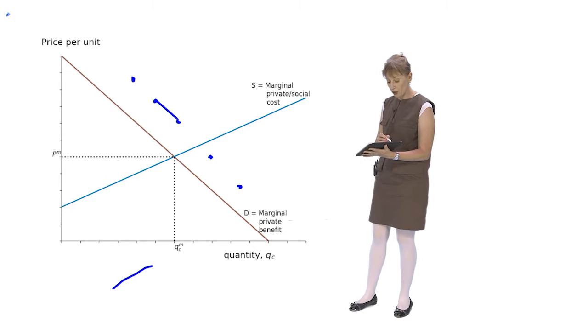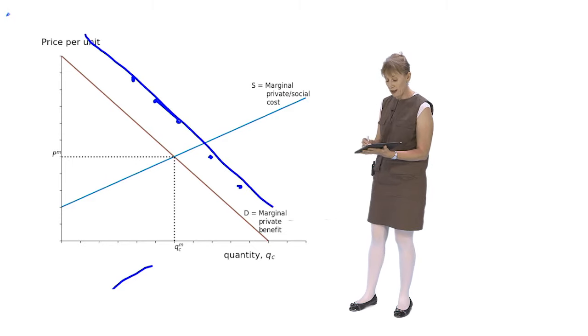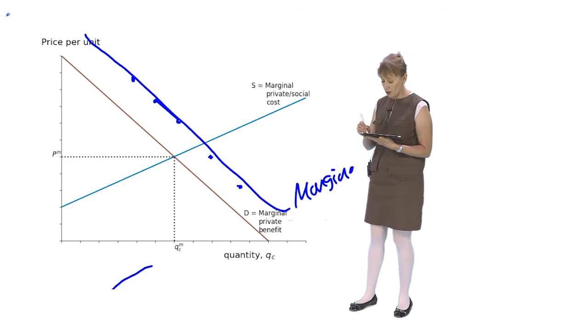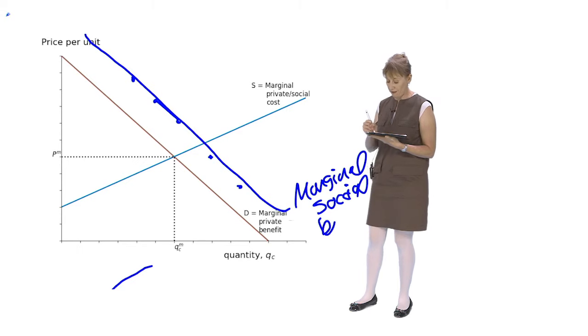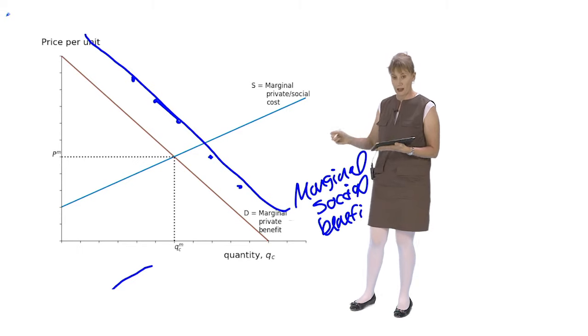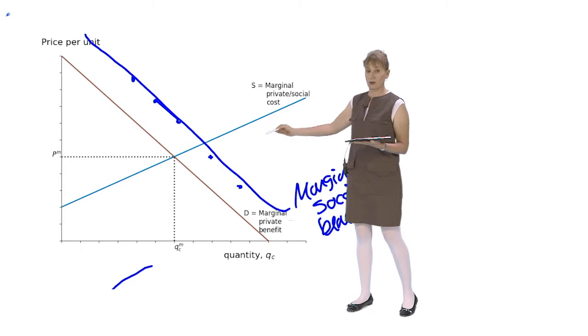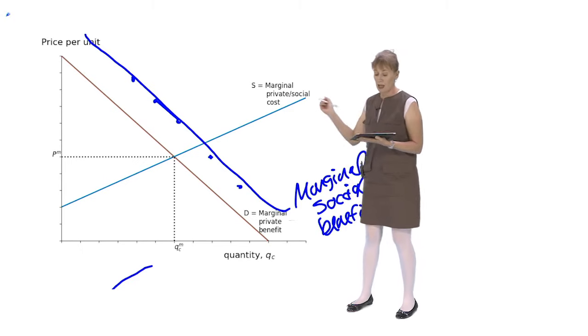So we have a new curve that we need to add. This is our marginal social benefit curve. Notice how it's greater than our marginal private benefit curve.